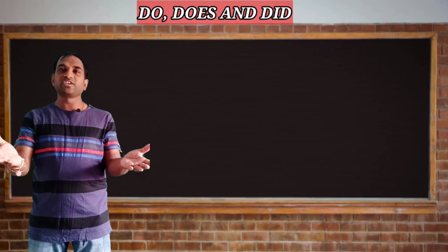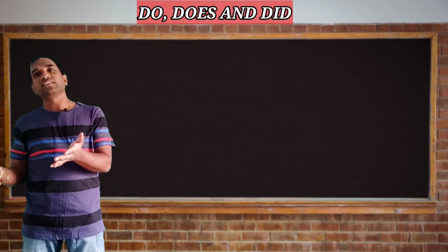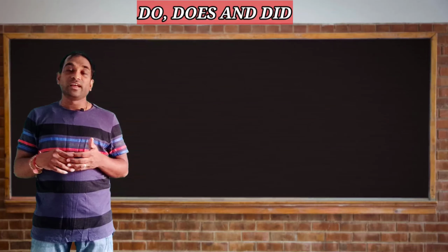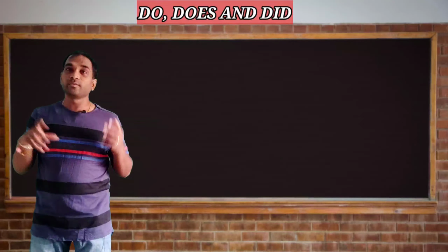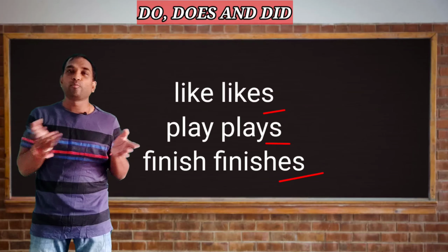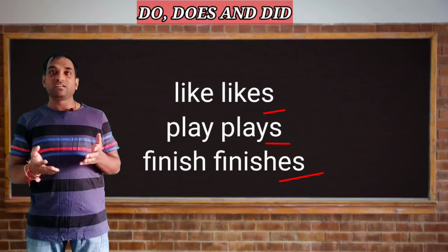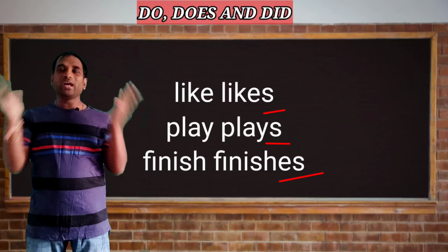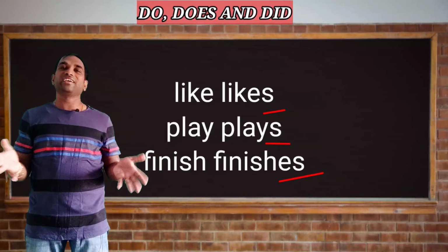So the confusion arises with do and does. Why do some sentences take do and why do other sentences take does? What's the difference? Another confusion also arises in beginners about like, likes, play, plays, finish, finishes. Why are some verbs taking s and es at the end?